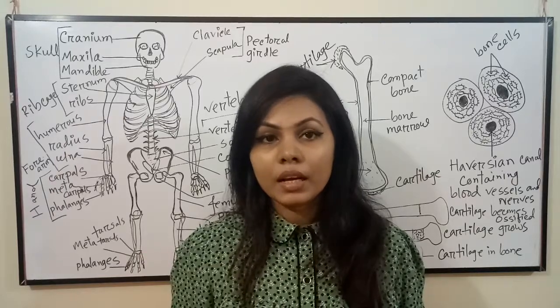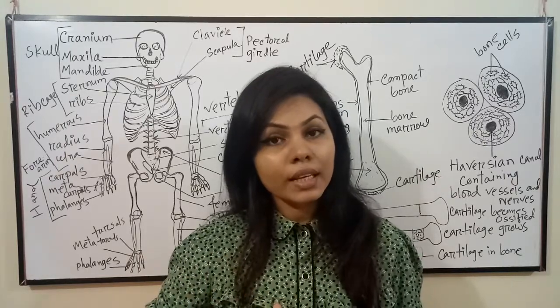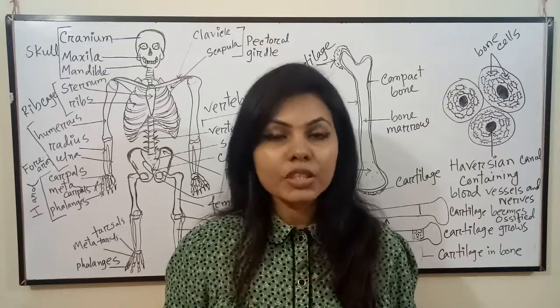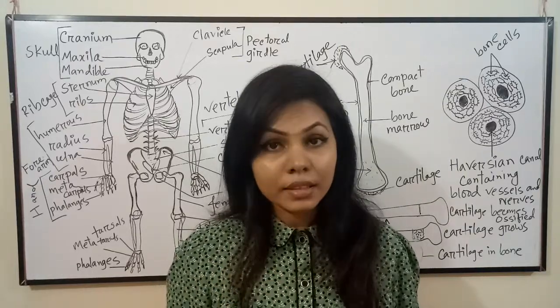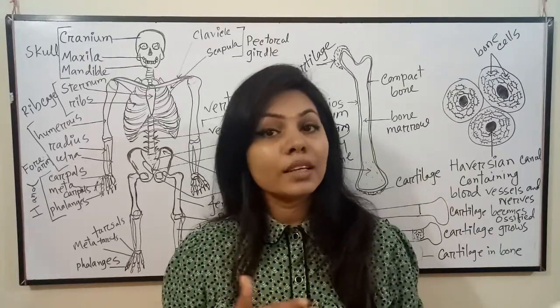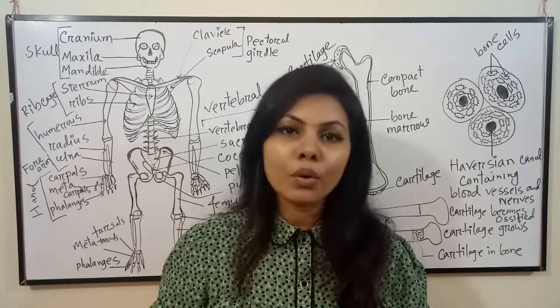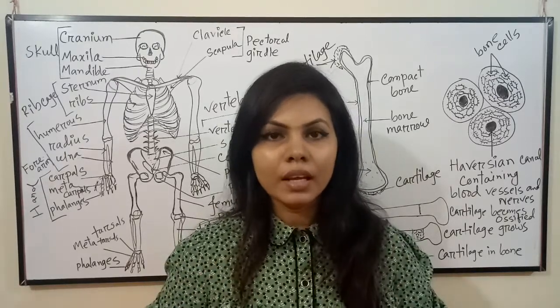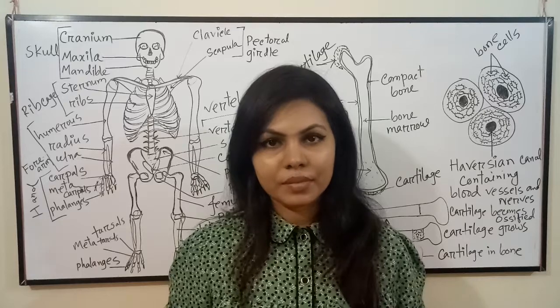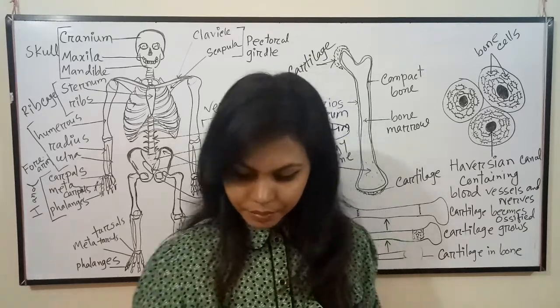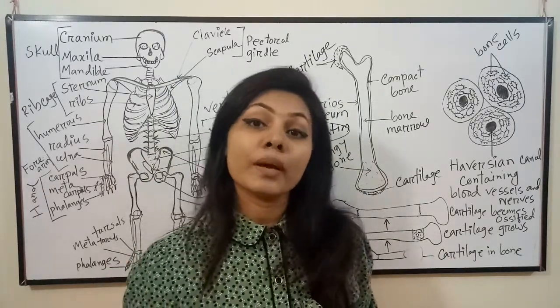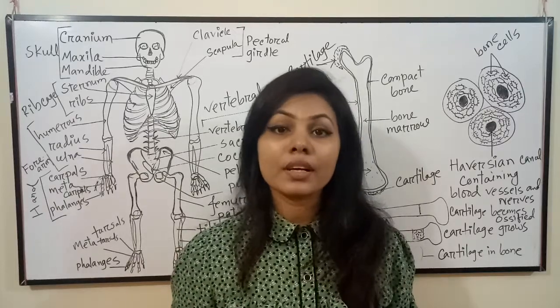But in a child, the bone has a region of growth made of cartilage. So whenever the cartilage grows, the bones get longer and become ossified. That is the fact.